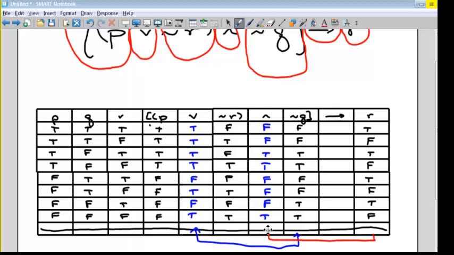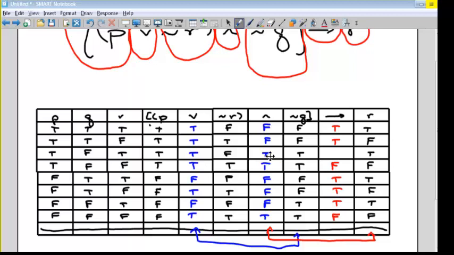So now we're going to compare these truth values with this conditional operator. The rule for the conditional operator is that the only time the conditional operator is false is if the first one is true and the second one is false. So these are the first part, this is the second part. We look through these, and I'm comparing this with this column. We see we have true, false here, so that's the one case where it's false. And we have another true, false down there. All the other ones start with false, so we know those are true.